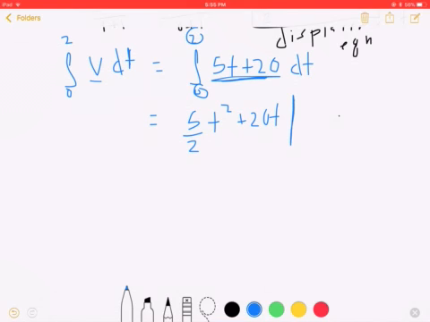We're evaluating this function from 0 to 2 seconds. So we're going to plug in for t equals 0 and t equals 2. 0 is our lower limit, and 2 is our upper limit.